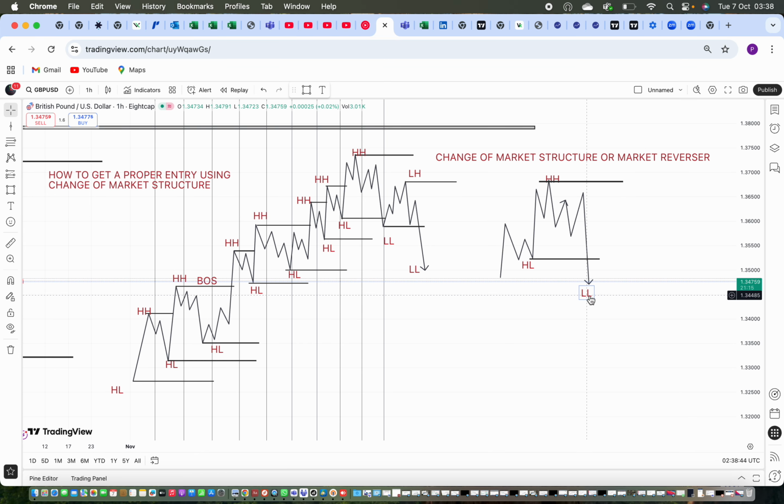And whenever we see this happen in the market, we can now safely say that we have a change of market structure. So we are saying that the uptrend that we had before has now become a downtrend.